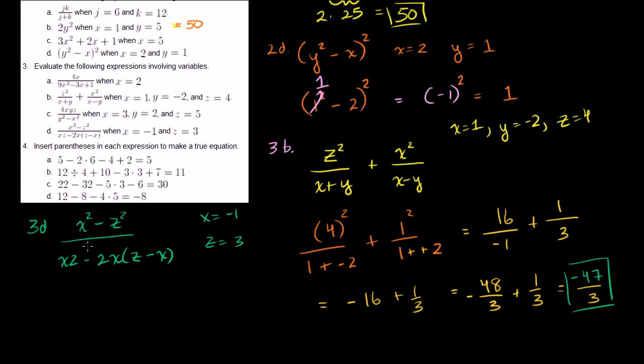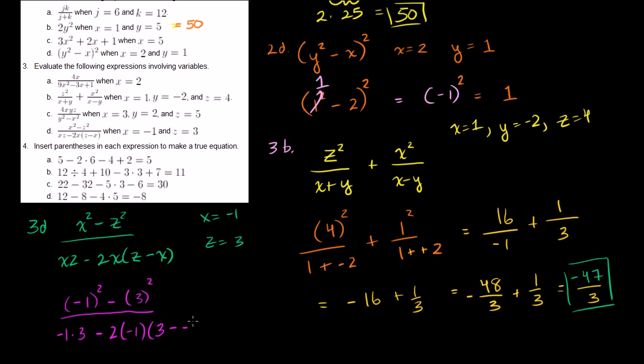So this is x squared, that's negative 1 squared, minus z squared, so minus 3 squared. All of that over x times z. X times z is negative 1 times 3, minus 2 times x, x is negative 1, times z minus x, 3 minus x.